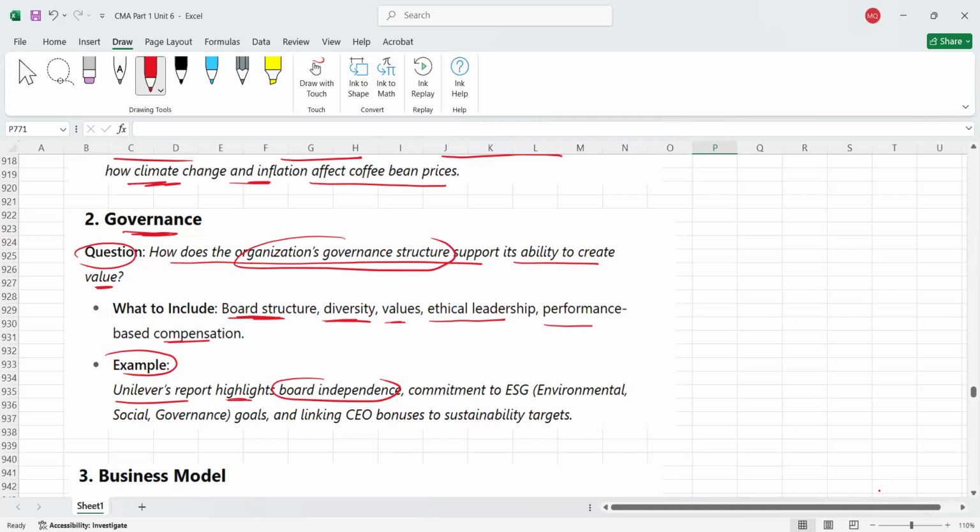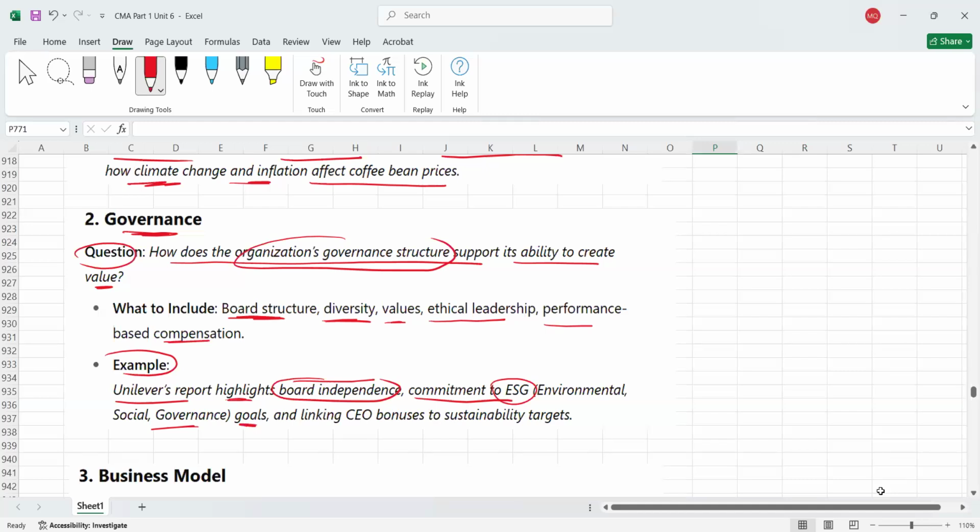So here we will highlight the board independence and commitments to ESG. Nowadays, in every era, our operations are affecting environmental, social, and governance aspects, so that's why we are trying to highlight our commitment to ESG. ESG stands for environment, social, and governance goals.